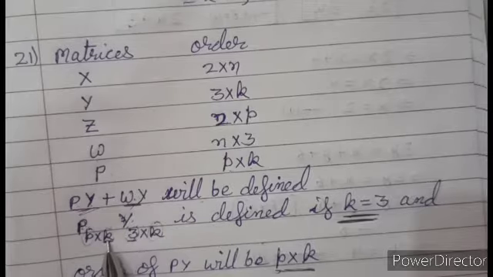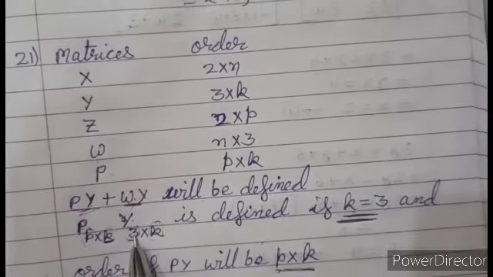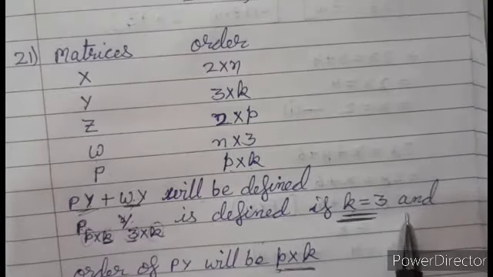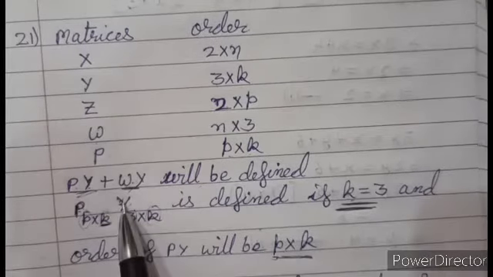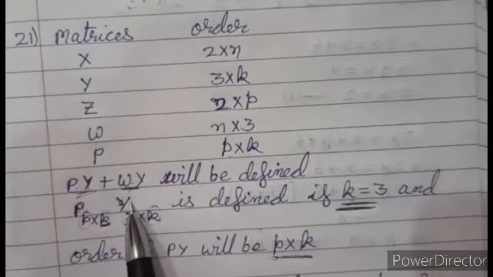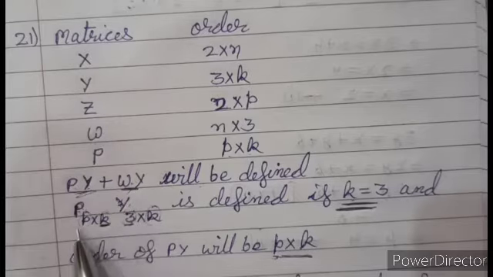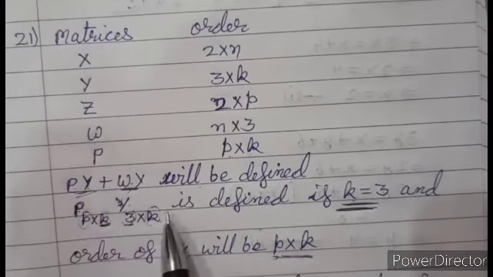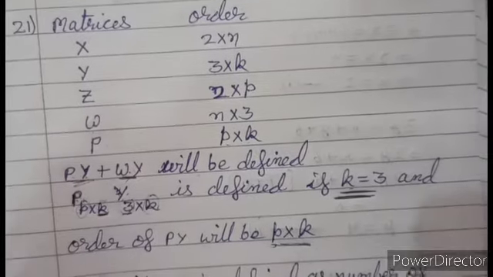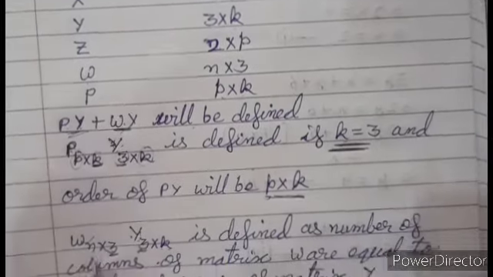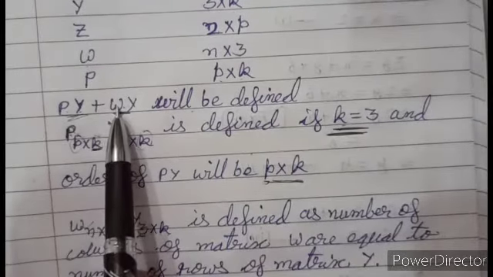So this k should be equal to 3, and the order of PY, after multiplying P and Y, we will get a matrix of order p by k, that is number of rows of P and number of columns of Y. Now the second matrix was WY.